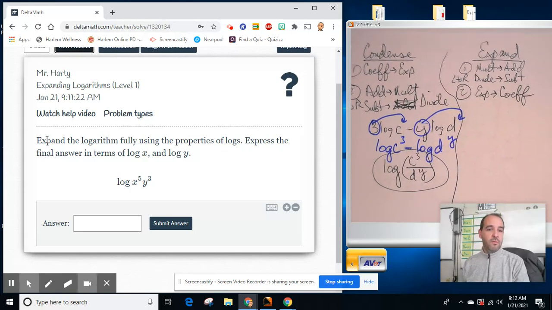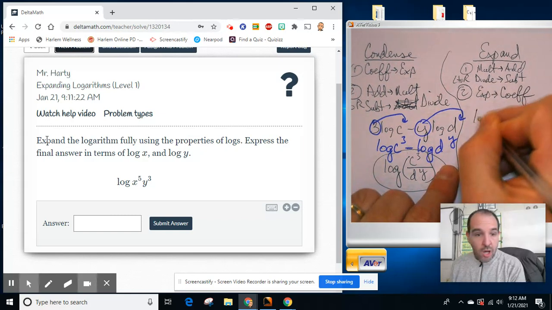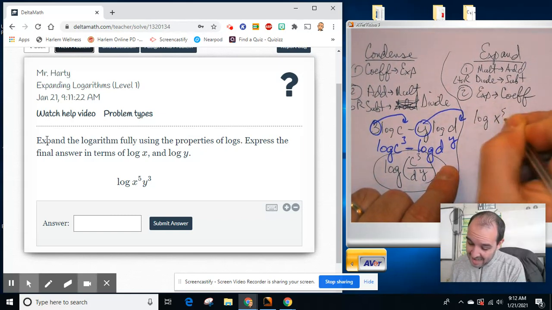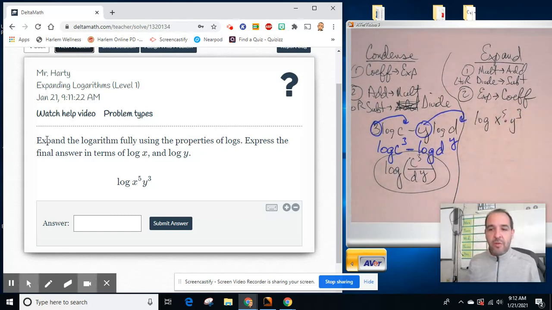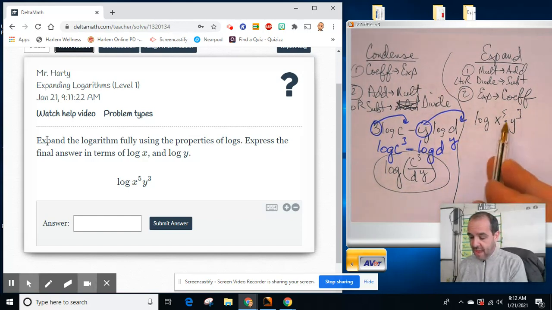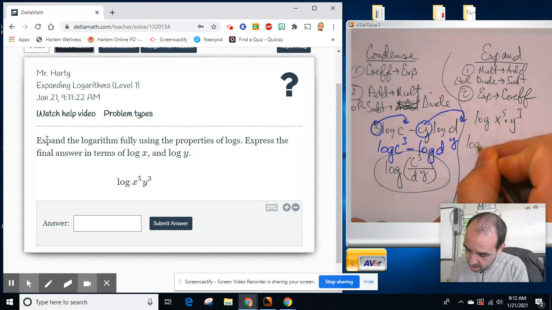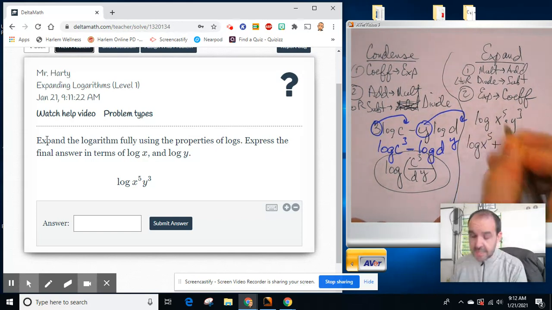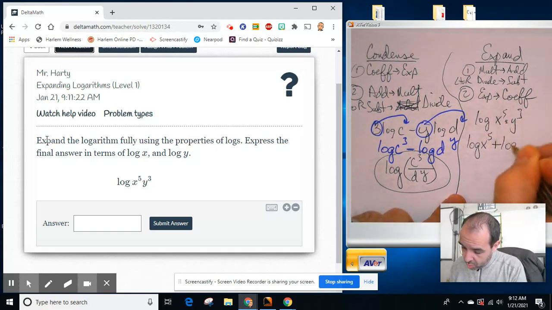Nothing else is different. So I've got log x to the 5th times y to the 3rd. I like to actually put the little multiplication dot in there so I can remember. So I'm like, okay, that becomes add. Log x to the 5th plus log y to the 3rd.